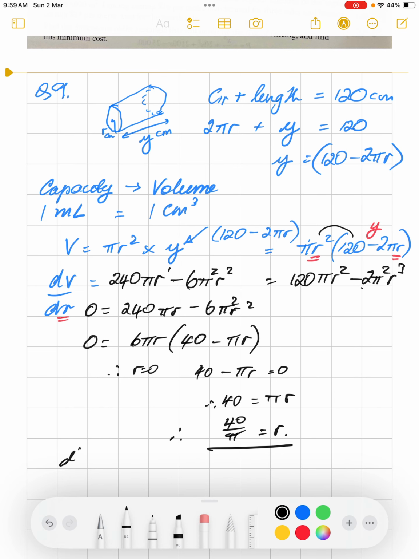So let's test in the second derivative, and that would be 240 pi minus 12, because 6 times 2 is 12, pi squared r.